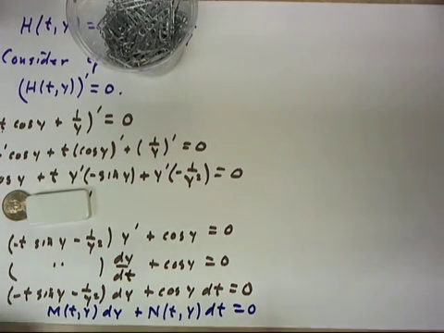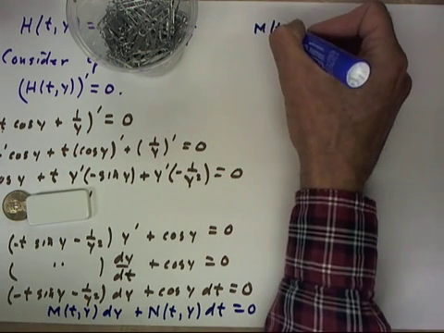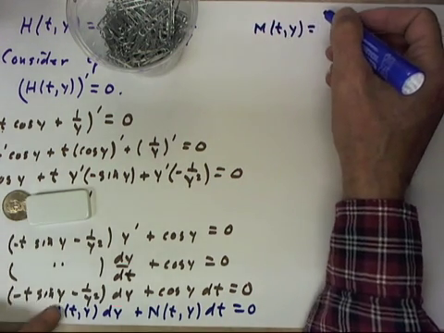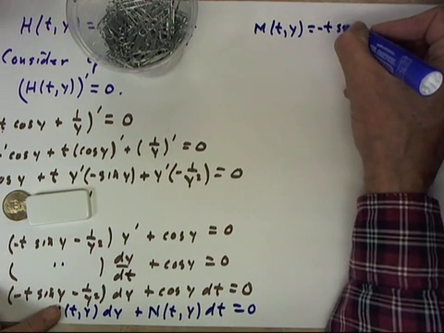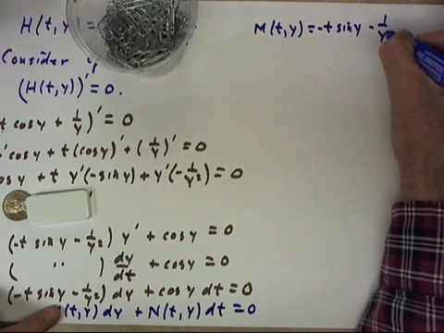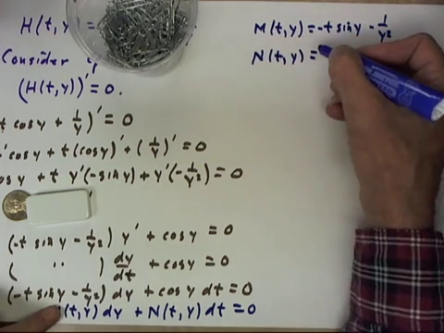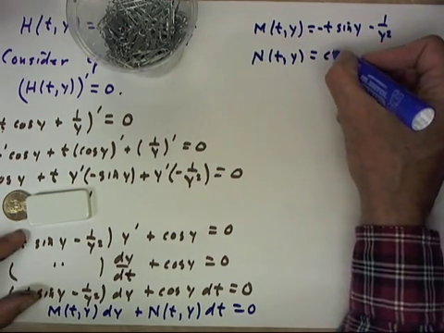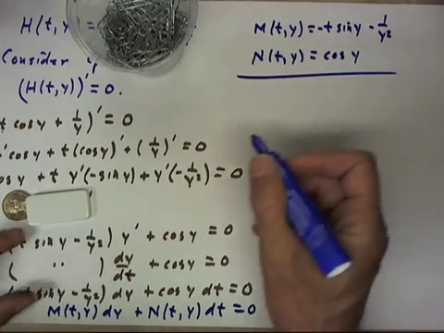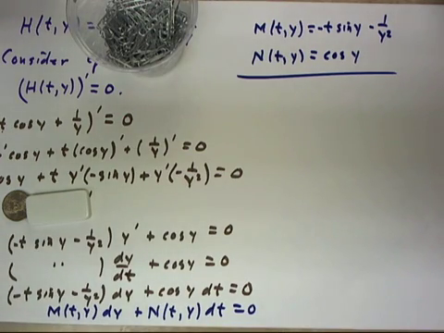Now, m of t,y is this function, which is negative t sine y minus 1 over y squared, and n of t,y is cosine of y.